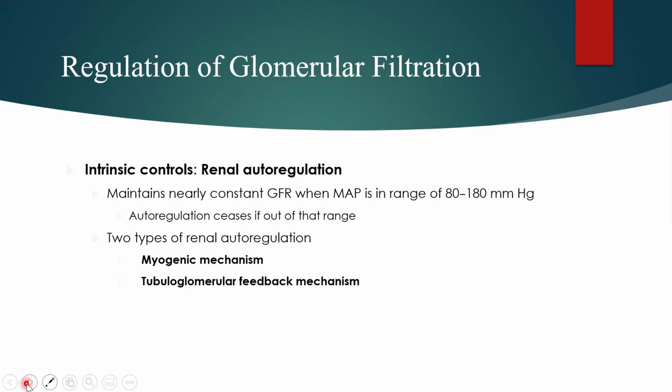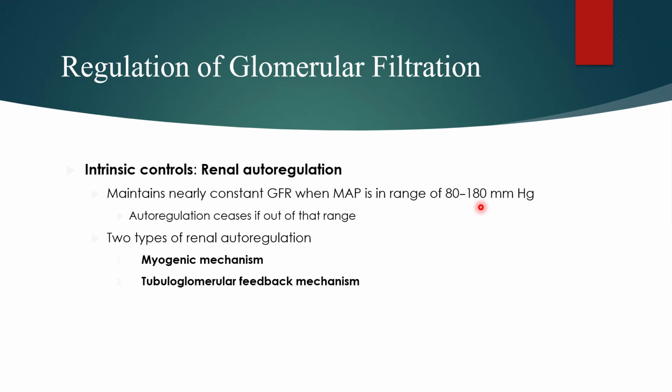Renal autoregulation maintains nearly constant glomerular filtration rate when the mean arterial pressure is within 80 to about 180 millimeters of mercury. Autoregulation is not going to happen anymore if it is out of range, which means autoregulation is only going to happen whenever your mean arterial pressure is within 80 to 180.